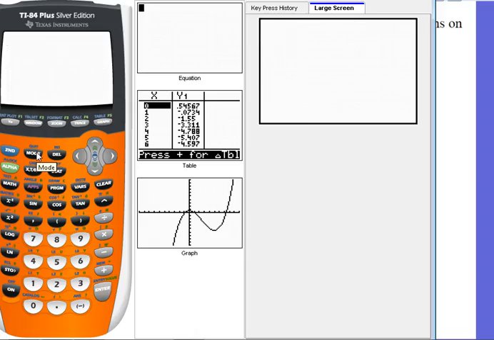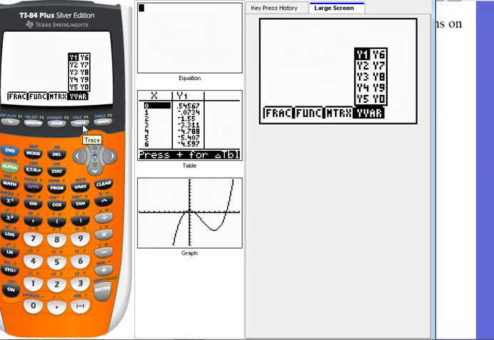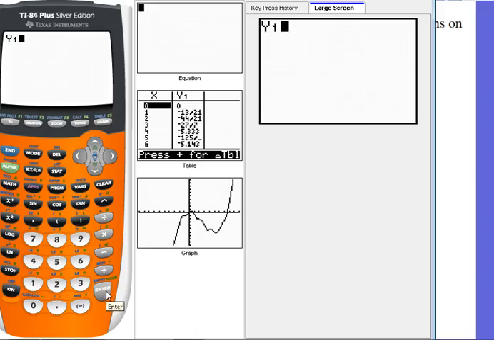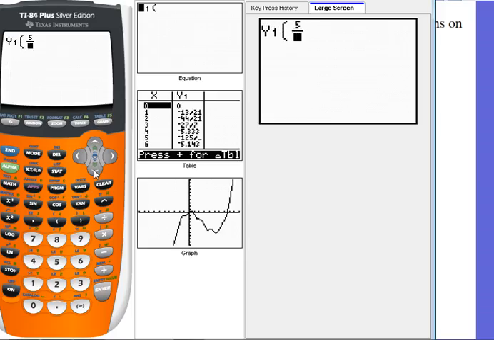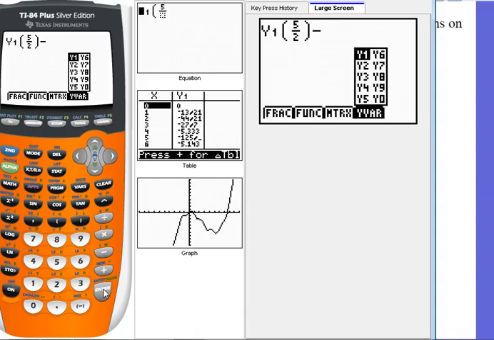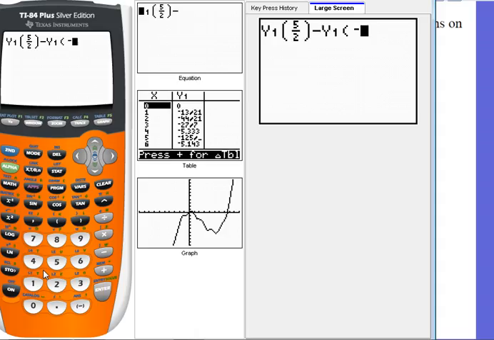So put it in y equals, and then how do I pull it up? If you do alpha trace, it gives you the option of all the y equals you have. So of course ours was in y1, and then you just put parentheses here. It was 5 halves. Close that parentheses, minus alpha trace y1 of negative 1.